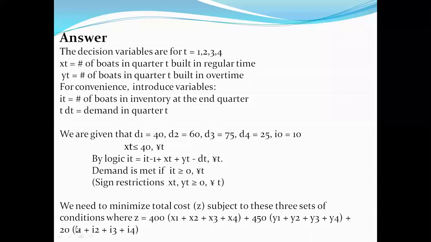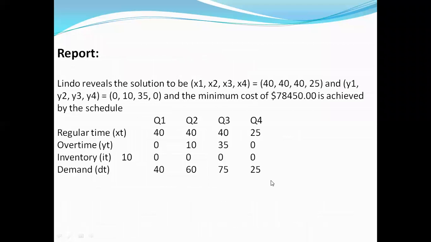Plus additionally 20 for input cost 1, plus input 2, plus input 3, plus input 4. Upon application, this reveals the overall minimum cost for manufacturing in the time bound of 4 quarters.